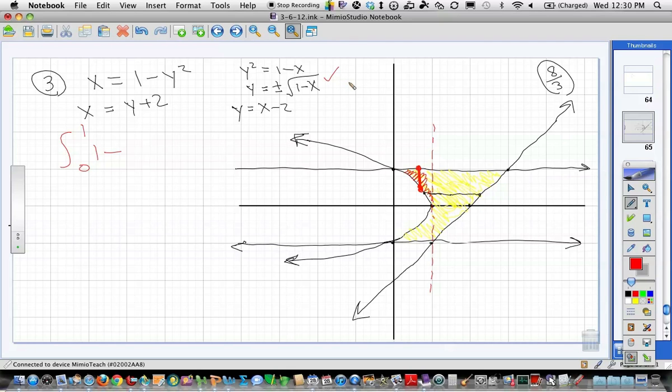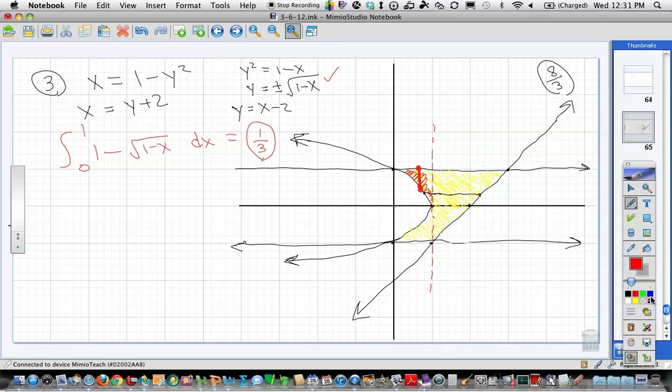The top half of the parabola, which is positive square root 1 minus x. And then the width of the strip is dx. So we got the height of the strip is this, times the width of the strip, that's the area of the strip. The integral then adds up all the strips. And we get what for the answer? It is 1/3.